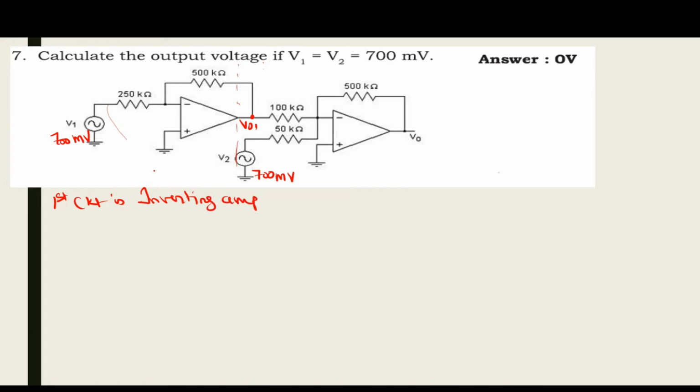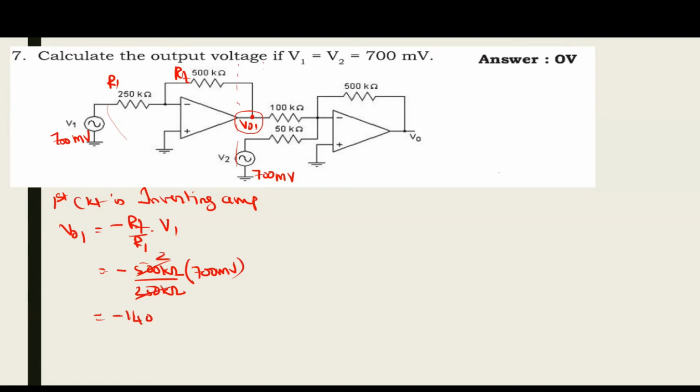So I need to take VO1 is equal to minus RF by R1 into V1. This is RF, this is R1 for the first circuit. So this becomes minus 500 kilo ohm by 250 kilo ohm into 700 millivolt. This is actually 2. 2 sevens are 14. Minus 1400 millivolt, or I can write it as minus 1.4 volt.